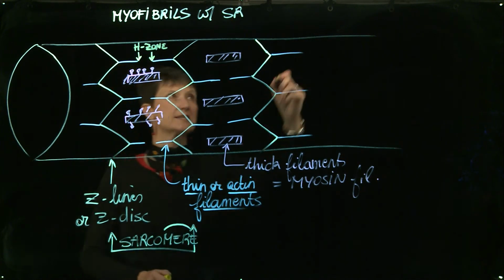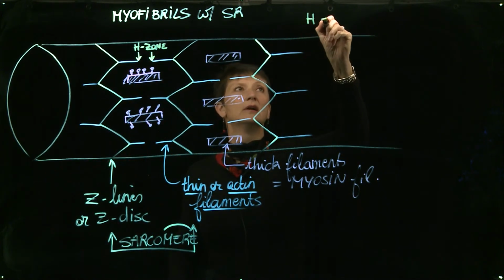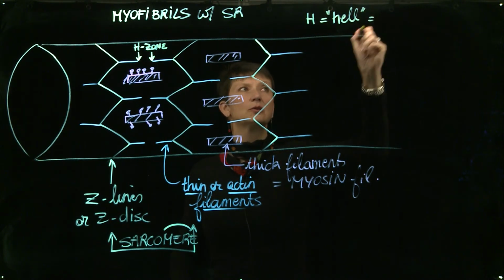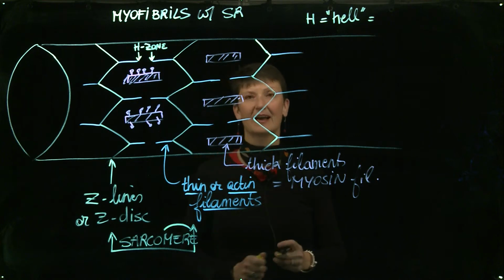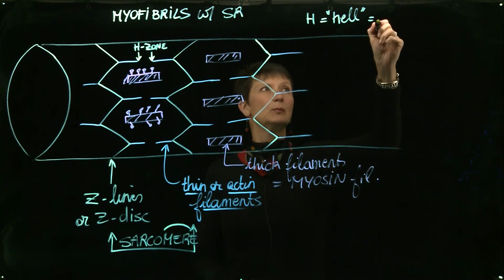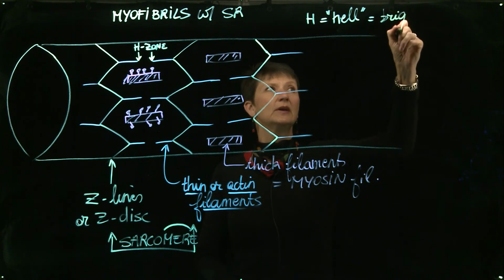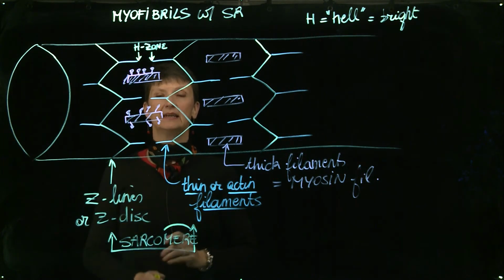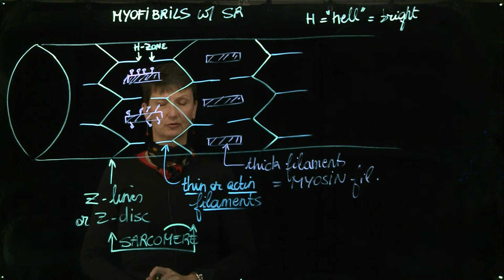The H stands for hell, which in German, aside from hell in English, means bright, because it shows up as a lighter band under an electron microscope.